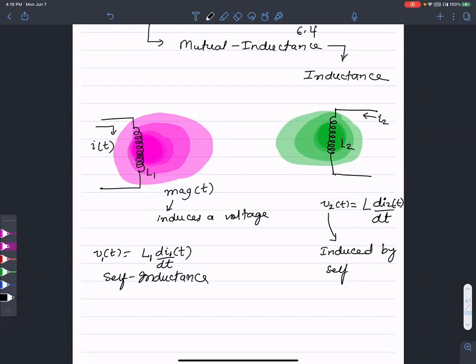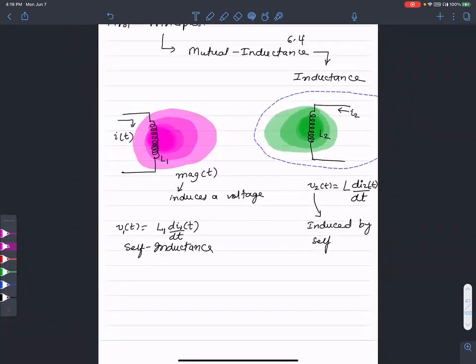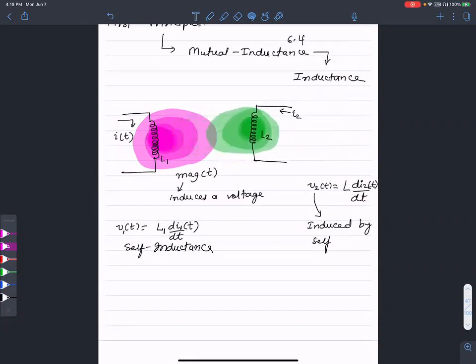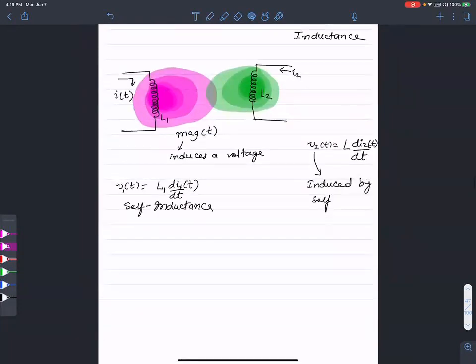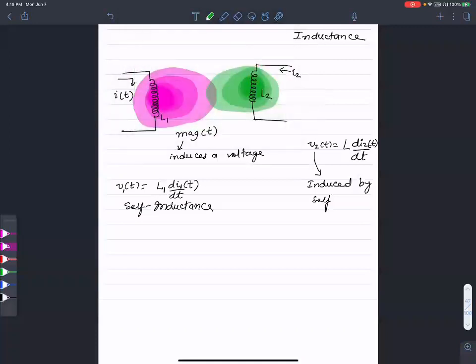But this is where it gets really interesting. If you were to bring these two closer to one another, then this green magnetic field produces a voltage in L1. Because of the green magnetic field, there's a voltage set up in L1.